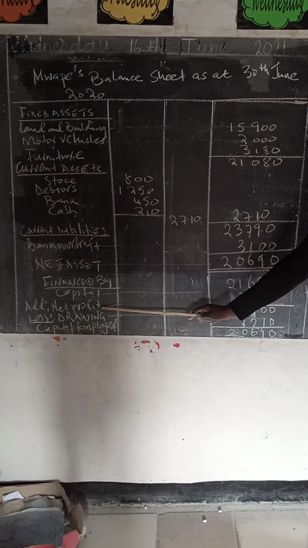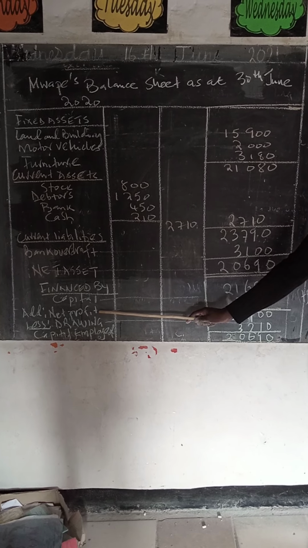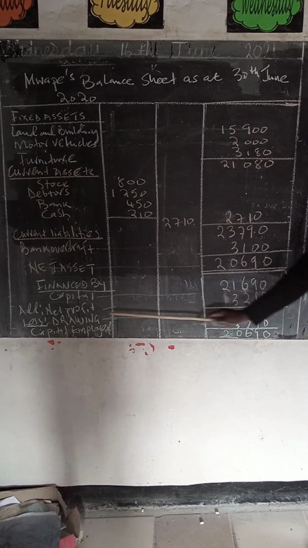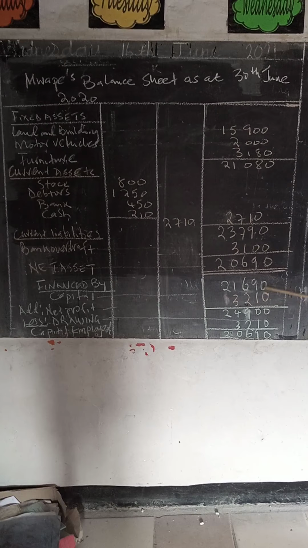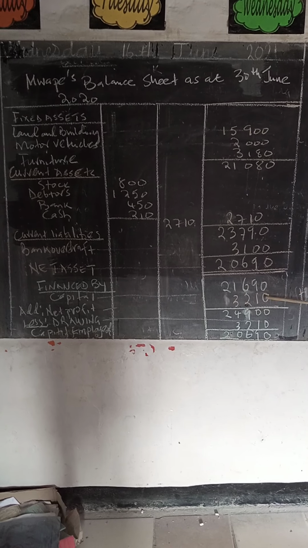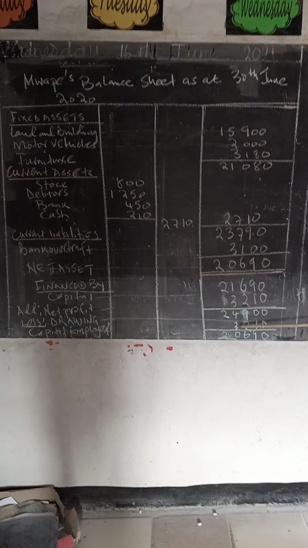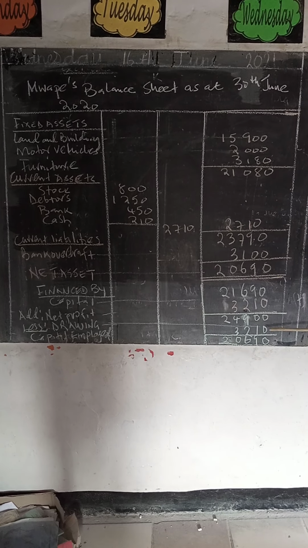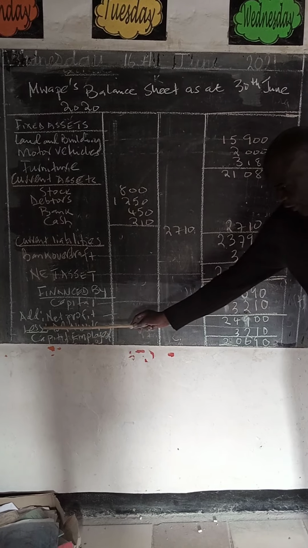The net profit is coming from the profit and loss account. This is the net profit you have found from the profit and loss account, which is added to the capital. After adding to the capital, you find 24,900.